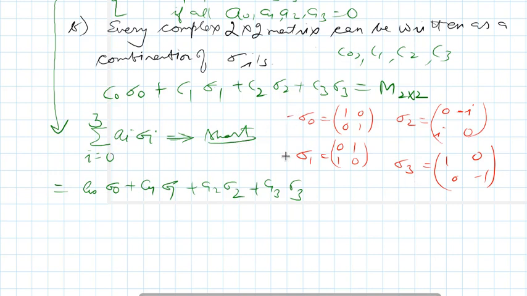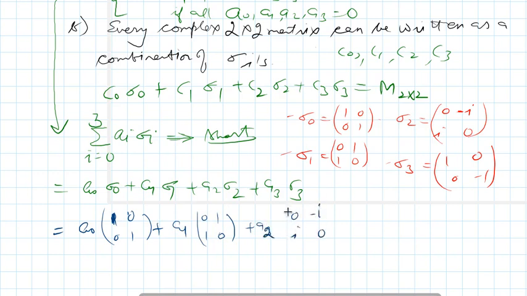This is the identity matrix, and these are the three Pauli matrices. If I put these values here, then this can be written as A naught [1 0; 0 1] + A1 [0 1; 1 0] + A2 [0 -i; i 0] + A3 [1 0; 0 -1].